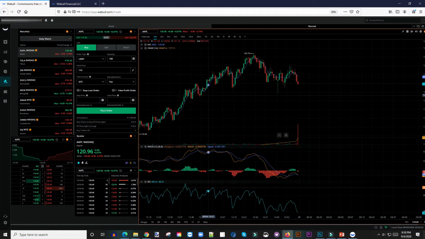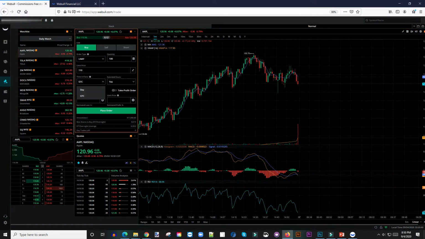Here's how you make that decision. Once you place your order, you have the option here, time in force, and you have 2 options: day, or good till cancel. If I put day and I place this order at noon, and the market closes at 3 p.m. Central Time, that limit order would be canceled if it's not filled.